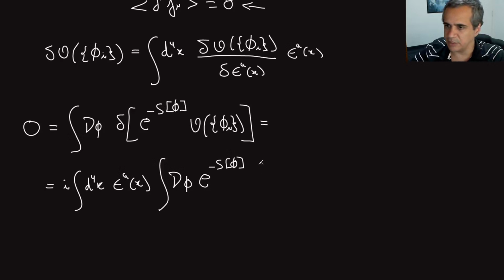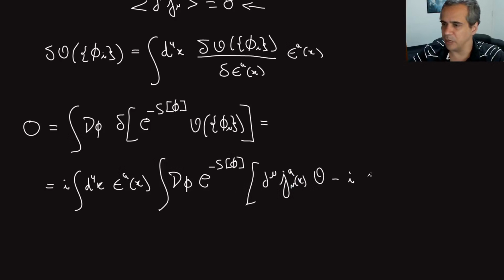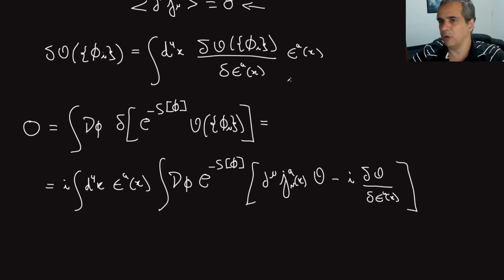The variation of the exponential I already know is this ∂_μ j^μ_a(x) times the operator, and the variation of the operator is just minus i δO/δε_a(x), which comes from this part right here, and I had to fabricate an i here that was not present in the case of the operator.